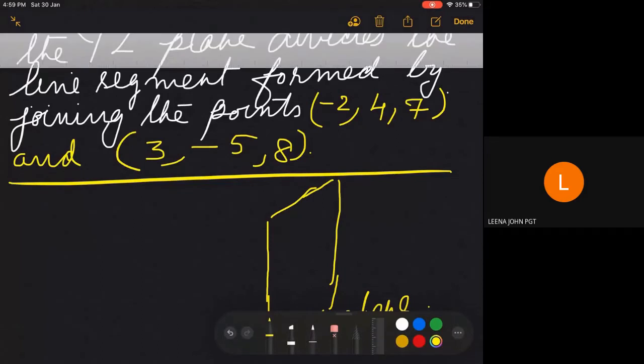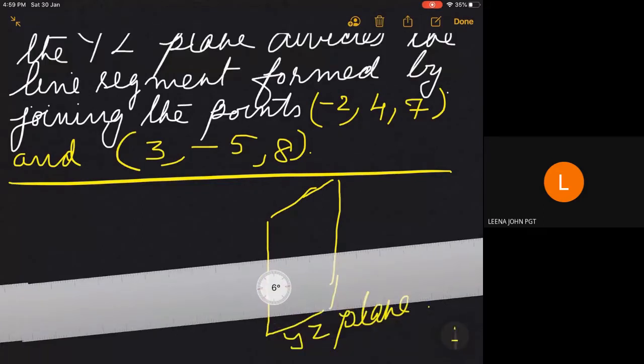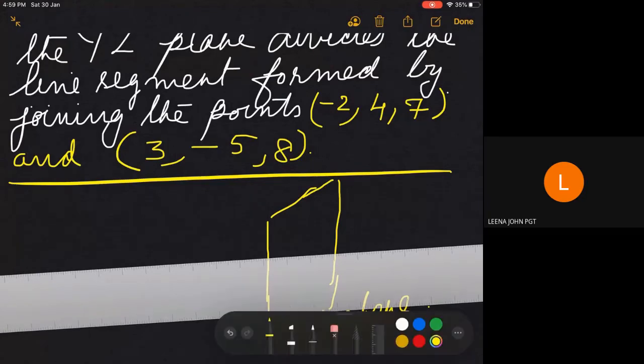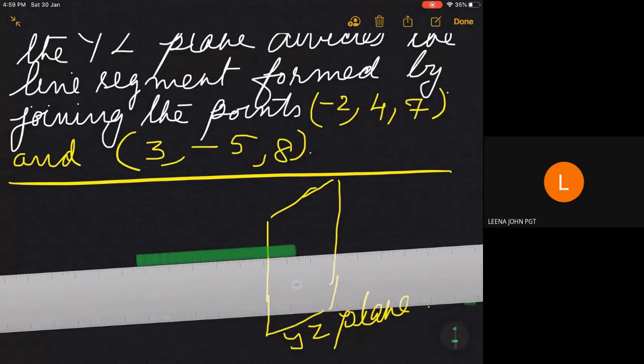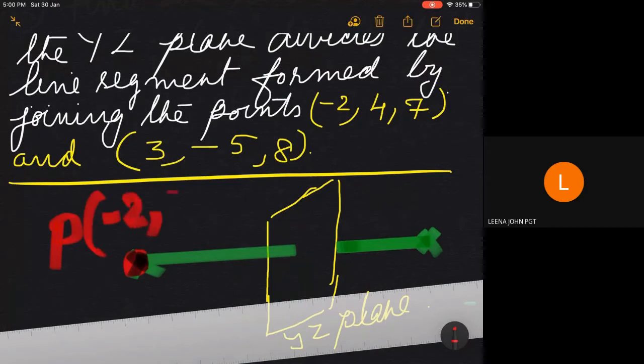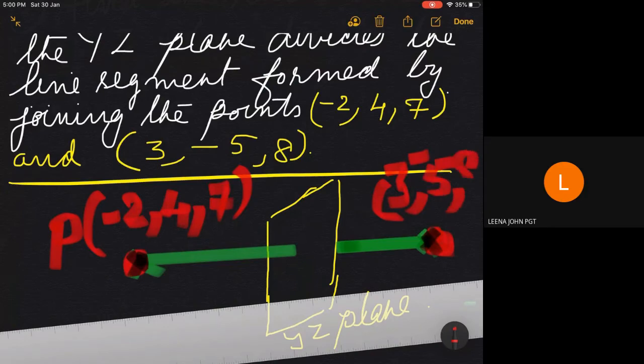That means there is a line segment, and the line segment you can draw like this, joining the 2 points. The points are, one point is, you can call it P (-2, 4, 7), and the other point is R (3, -5, 8).